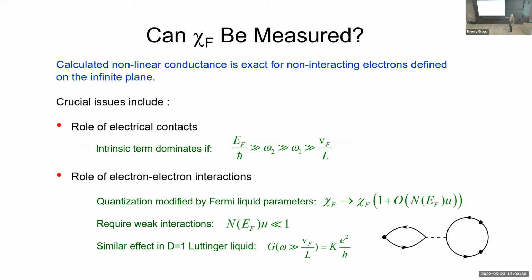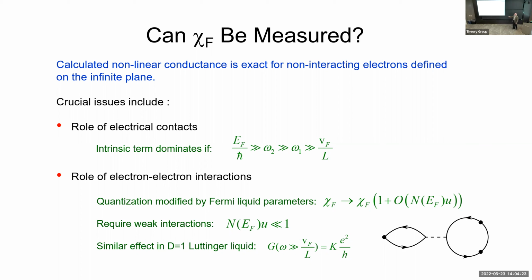In the frequency domain, the size of the system puts a lower bound on the frequency. And of course, we don't want the frequencies to be bigger than the Fermi energy. So there's a delicate sweet spot of frequency that one has to achieve, and that's a technical challenge for any experimentalist.